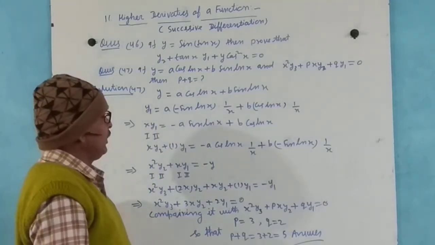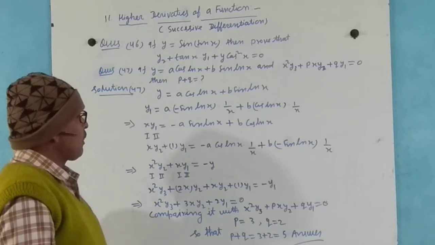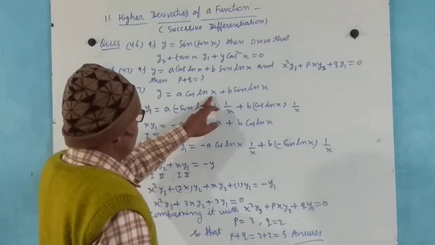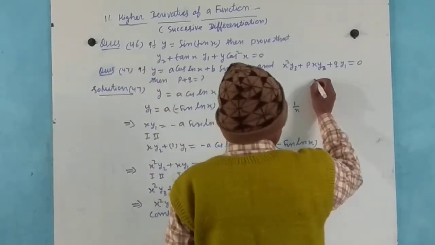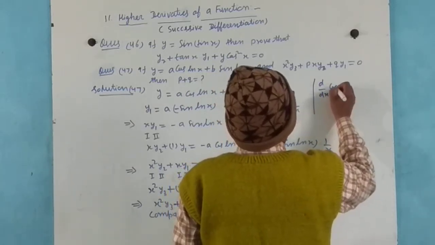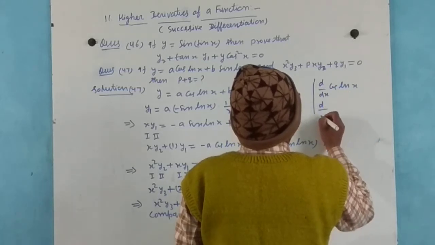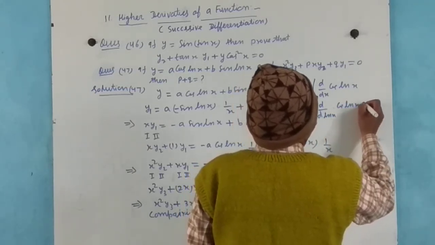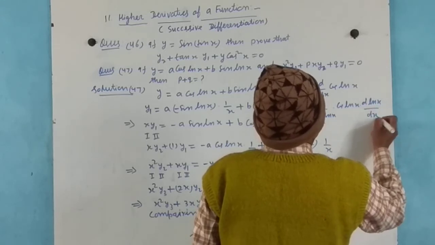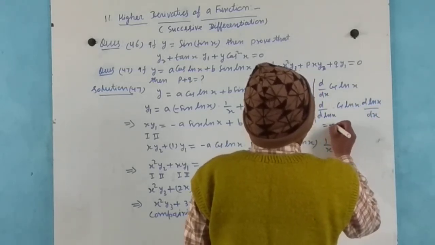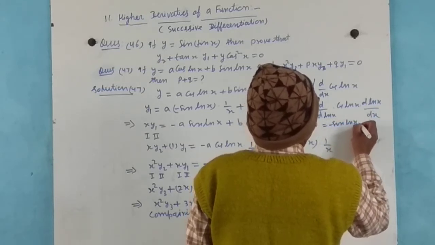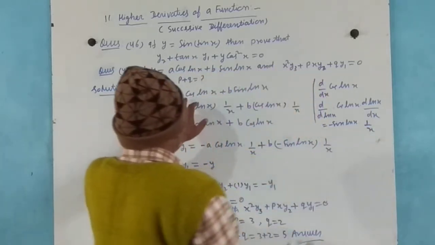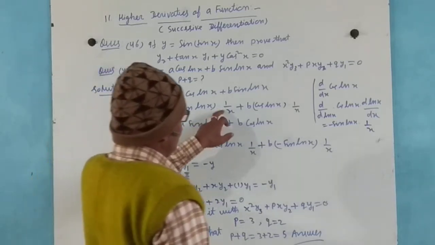Given the function y equal to a cos ln x plus b sin ln x, differentiating it with respect to x, that is y1. Here a is a constant, and d by dx of cos of ln x is minus sin ln x, and d by dx ln x equal to 1 by x, so this is minus sin ln x into 1 by x.